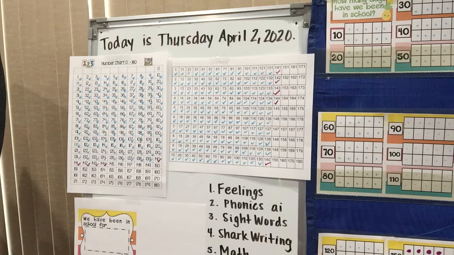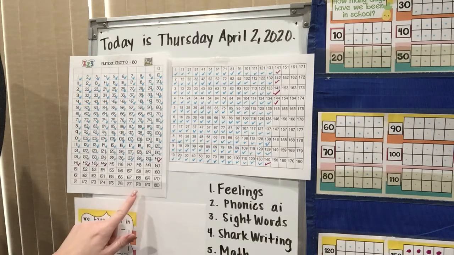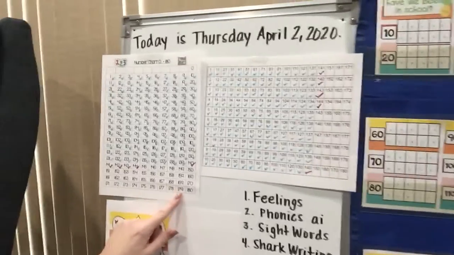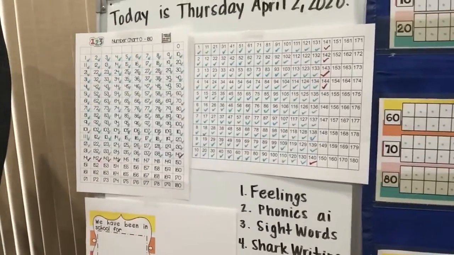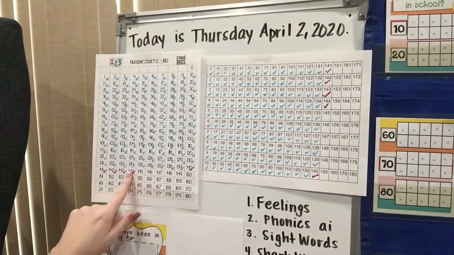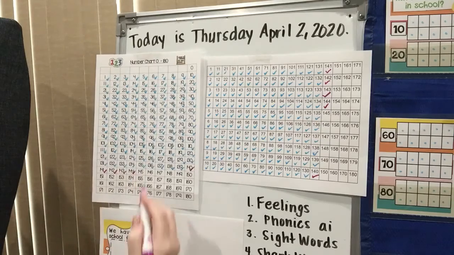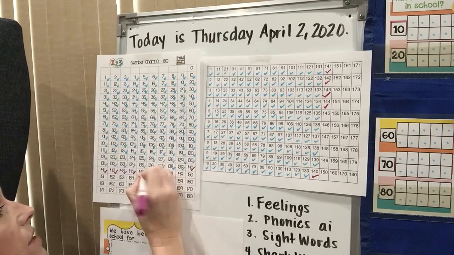So yesterday we were on day 144 of school. And so if I'm looking at my chart right here of numbers, if yesterday was 144, then the number that comes after is the number 145.